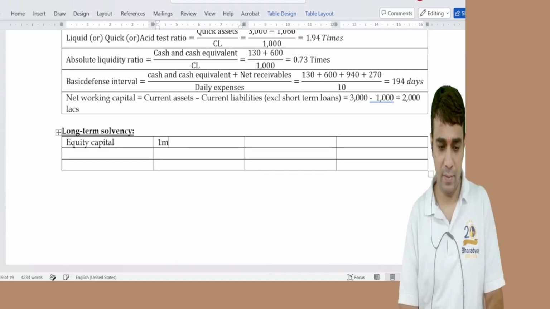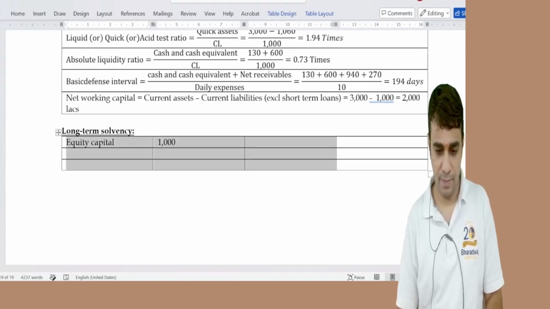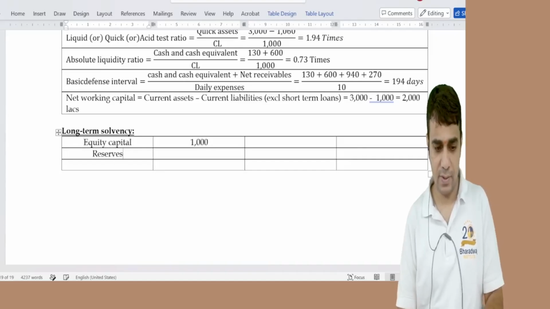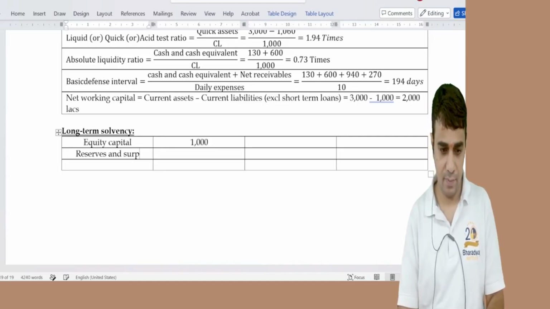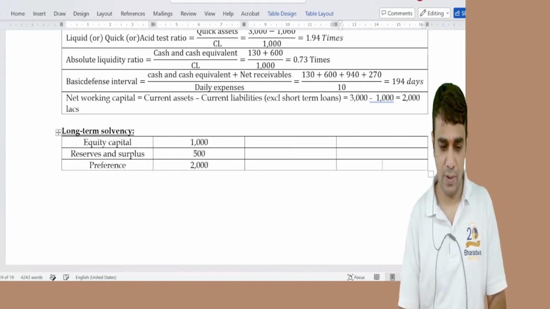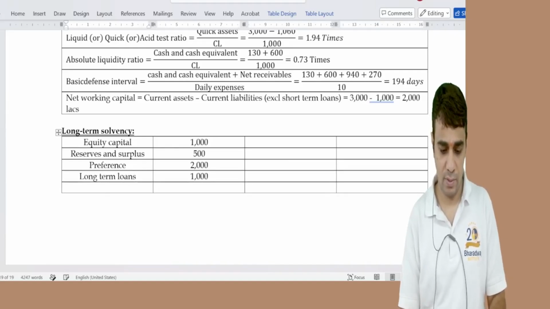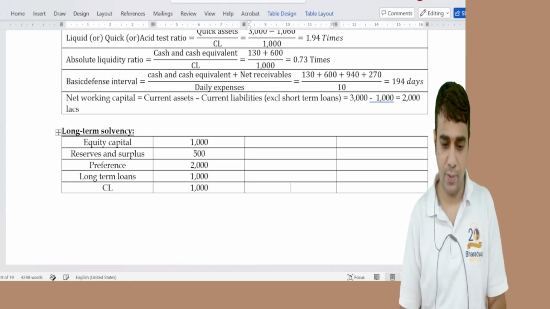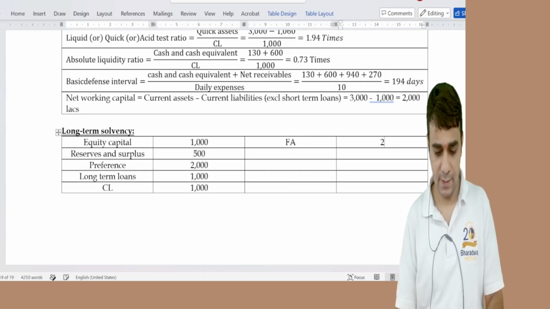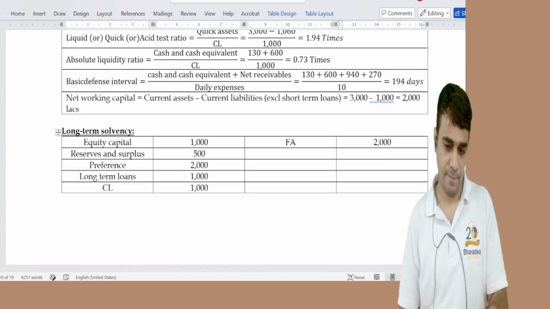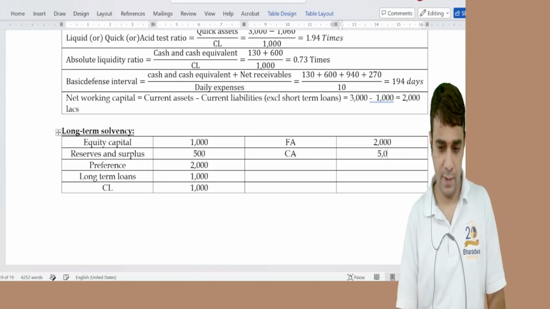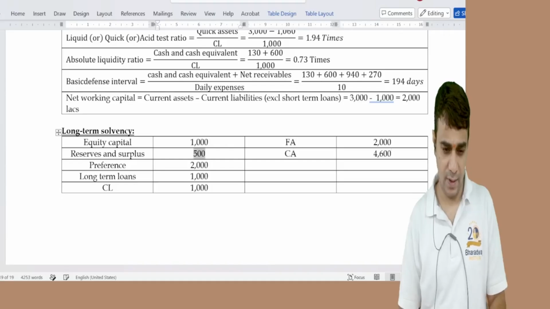Equity capital 1000, reserves and surplus 500, preference 2000, long term loans 1000, current liability 1000, fixed assets 2000, current assets 3400.